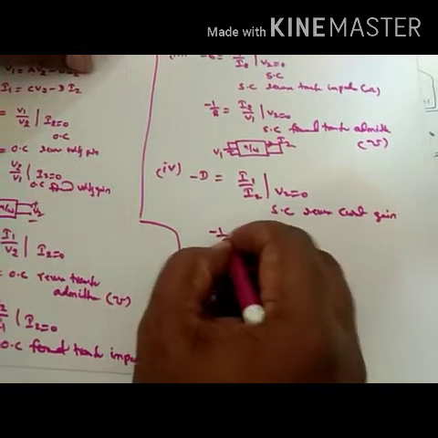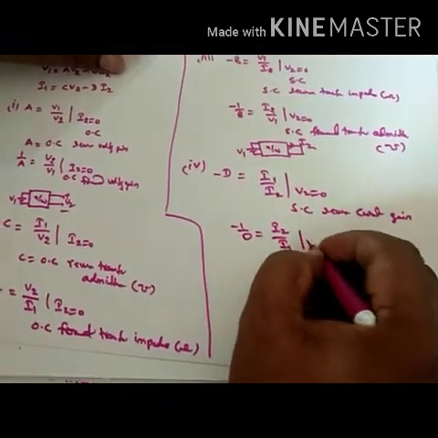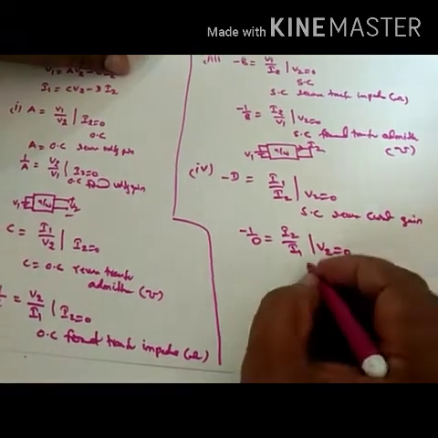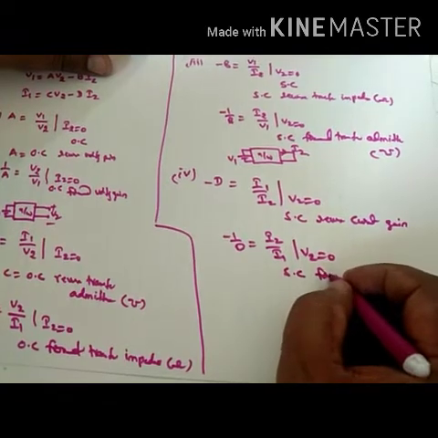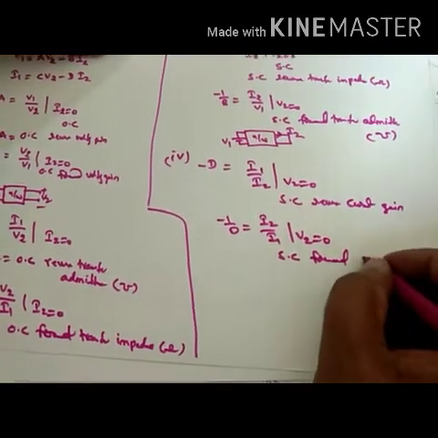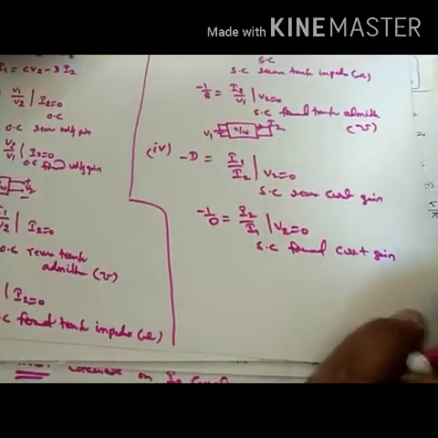So minus 1 by D is equal to I2 by I1 when V2 is equal to 0. Short circuit, forward current gain.